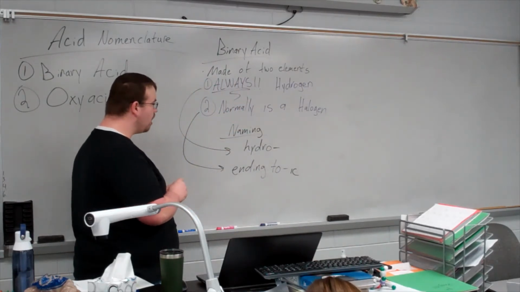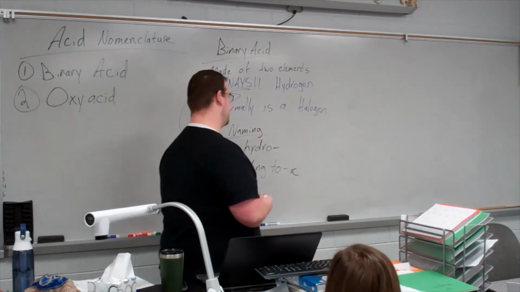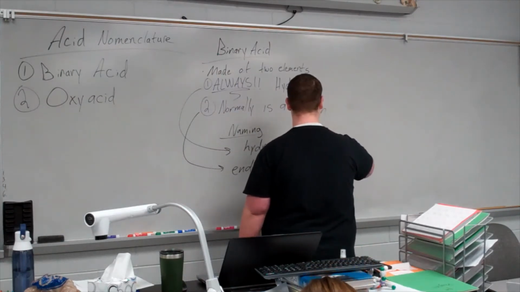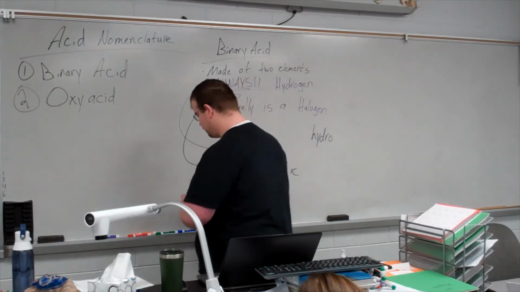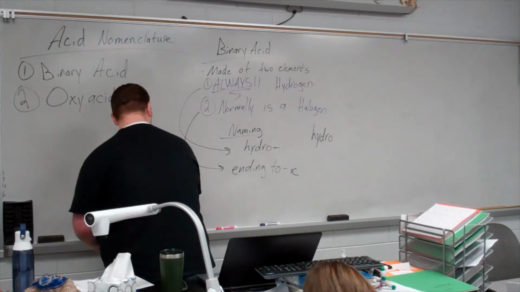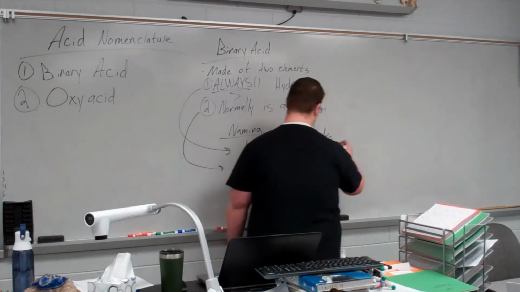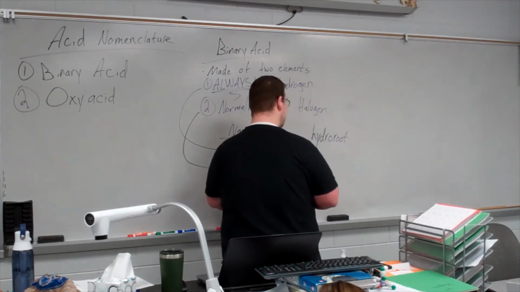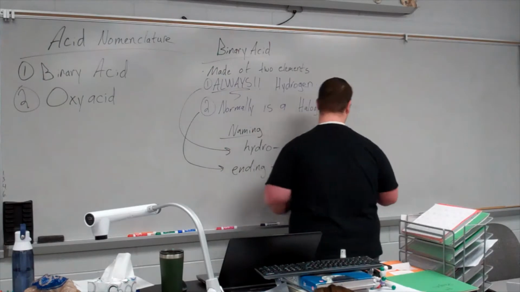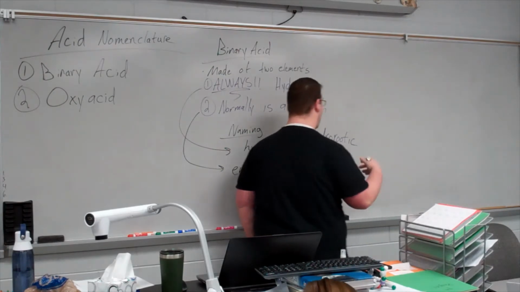So this pretty much is the generic way that you're looking at it. When you're naming a binary acid, you have hydro, and then in the middle, you're going to have the root of the element. And then at the end of it, you have ic. So hydro-root-ic.